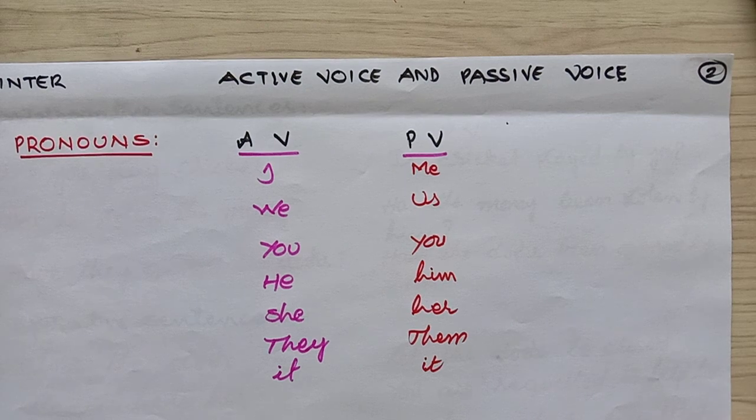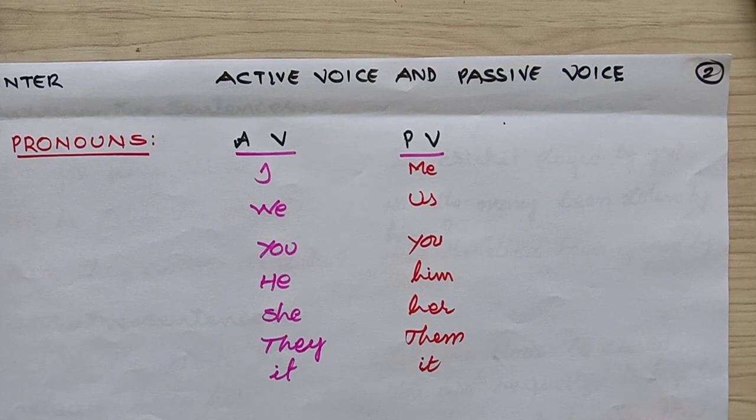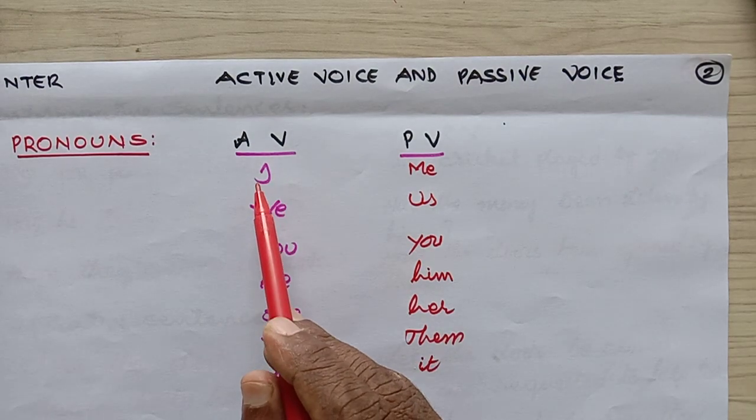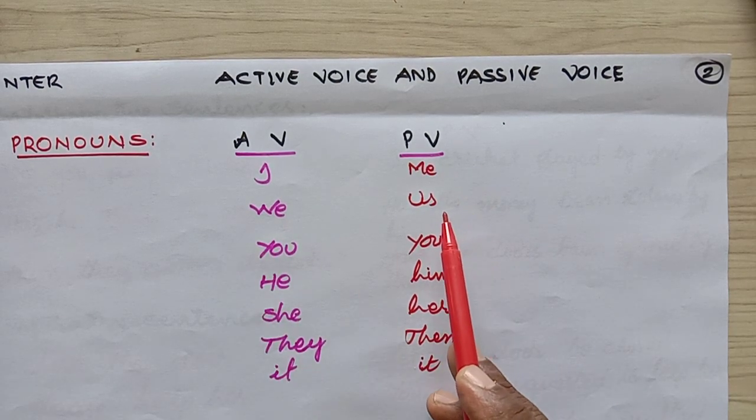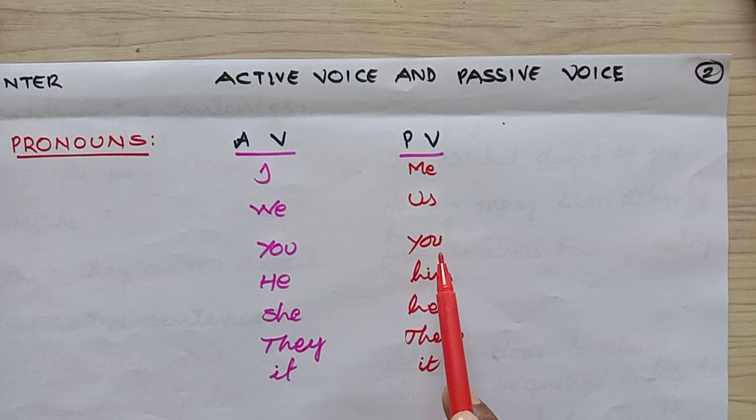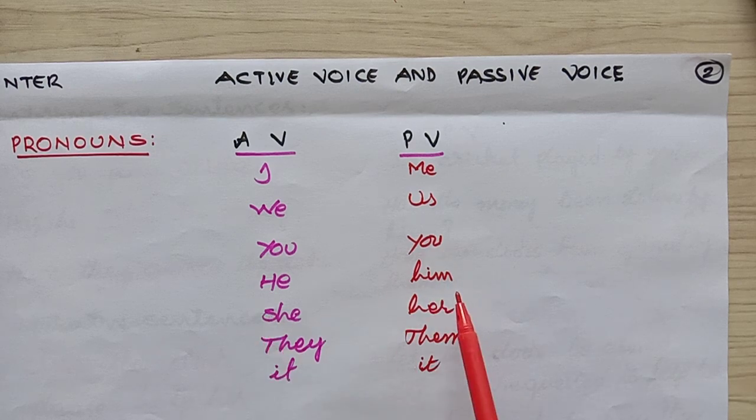Now, how are pronouns changed from active voice to passive? If I is there in the active voice, that will be converted into me. We becomes us. You remains the same. He becomes him. She becomes her. They becomes them.